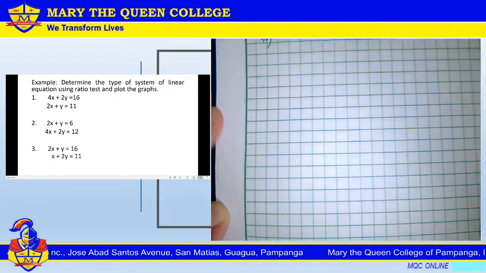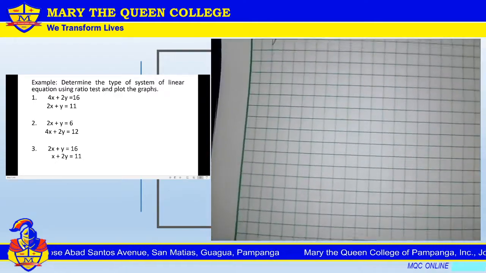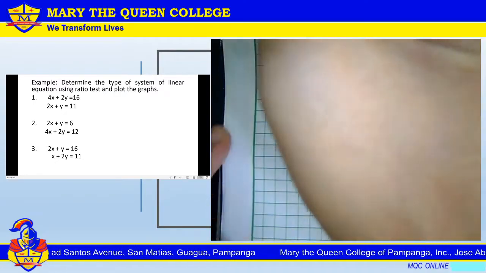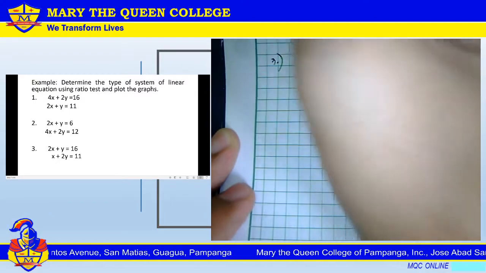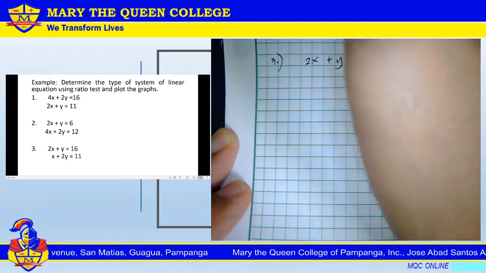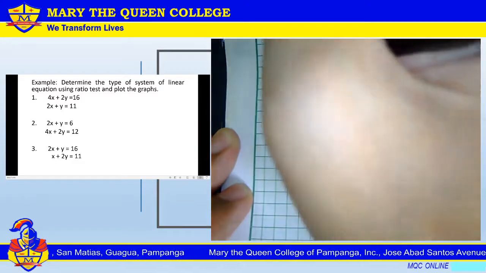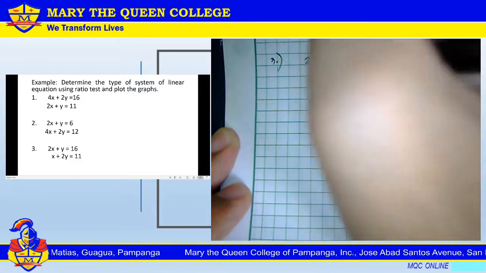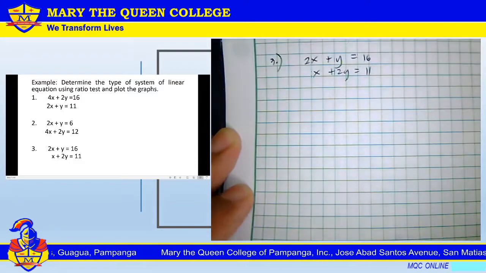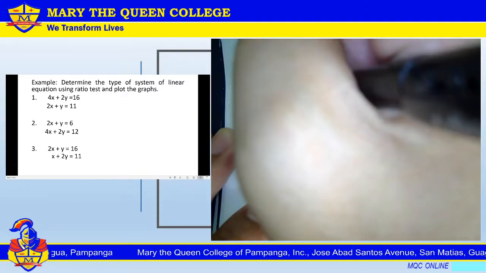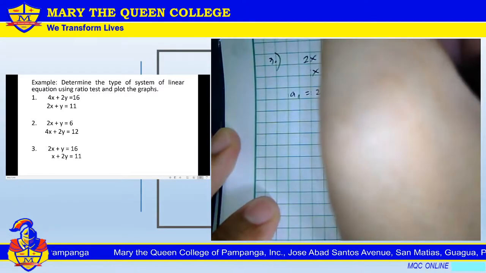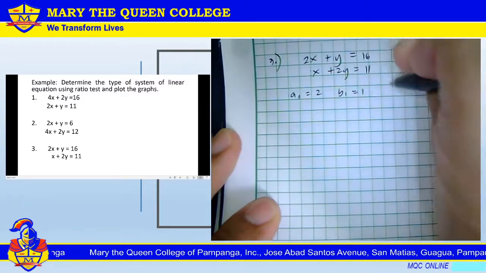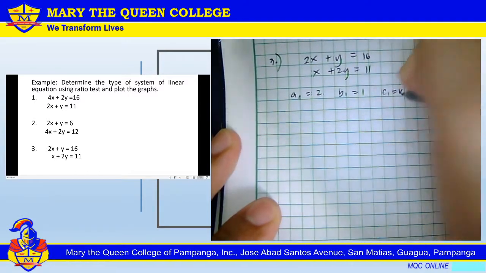So for number 3, we have 2x plus y is equal to 16. Then we have x plus 2y is equal to 11. So we have a sub 1 is equal to 2, b sub 1 is equal to 1, c sub 1 is equal to 16.